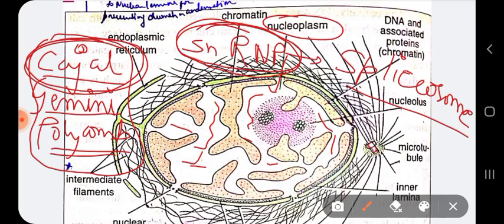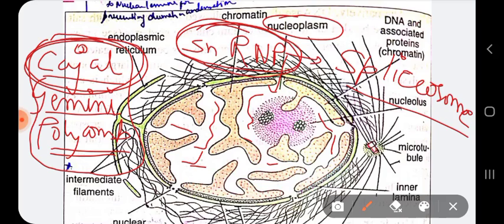Cajal bodies have been implicated in RNA-related metabolic processes like maturation of the RNA, recycling of the small nuclear ribonucleoprotein, histone mRNA processing, and the maintenance of the telomeric region of the chromosome. Cajal bodies assemble RNA which is used by the telomerase enzyme to add nucleotides at the end of the telomeres.